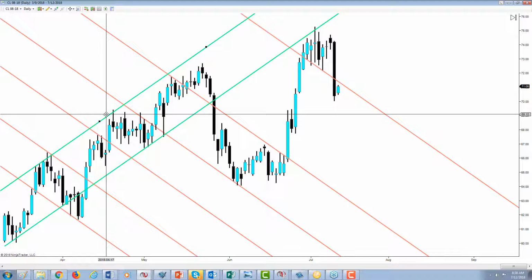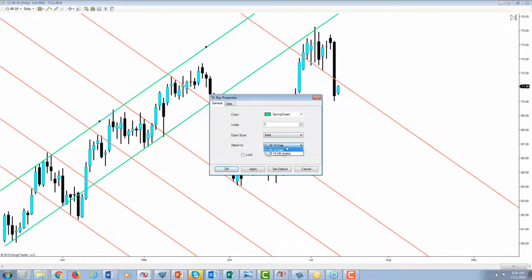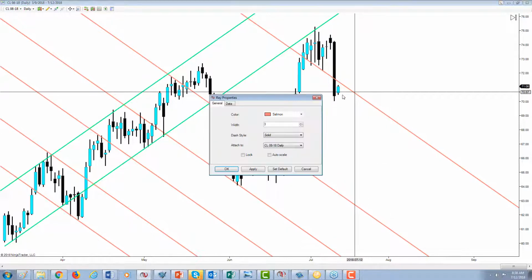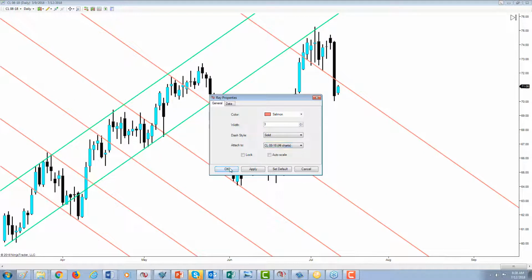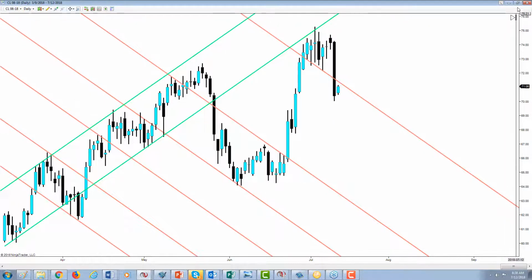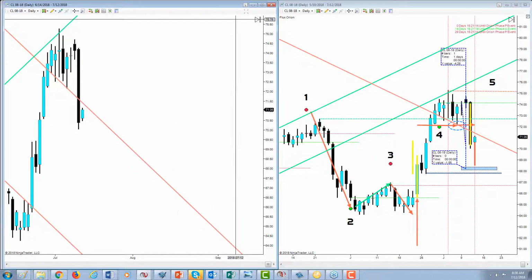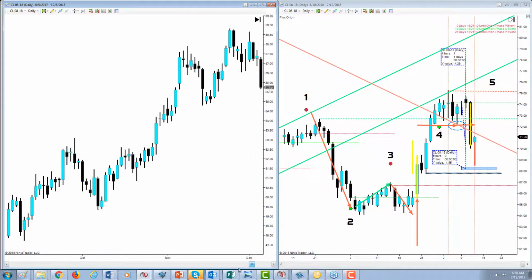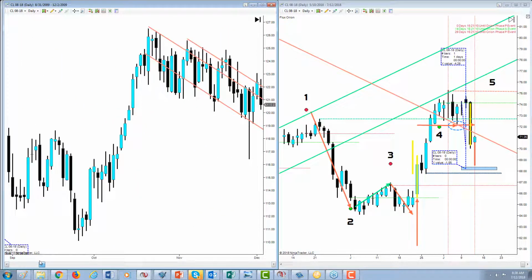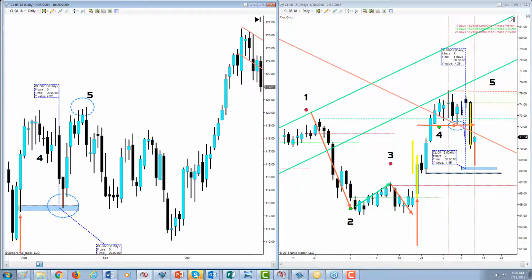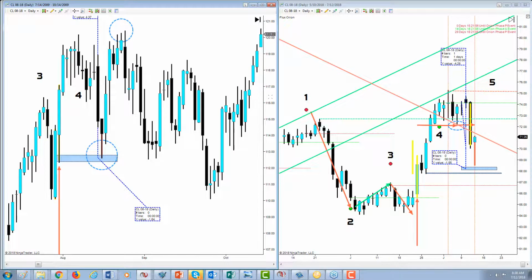So what I'm going to do is put this on all my CL charts that are daily charts. And now over here, we're starting to get those angles, right? So the chart on the left, this is the one that we're trying to emulate or copy.